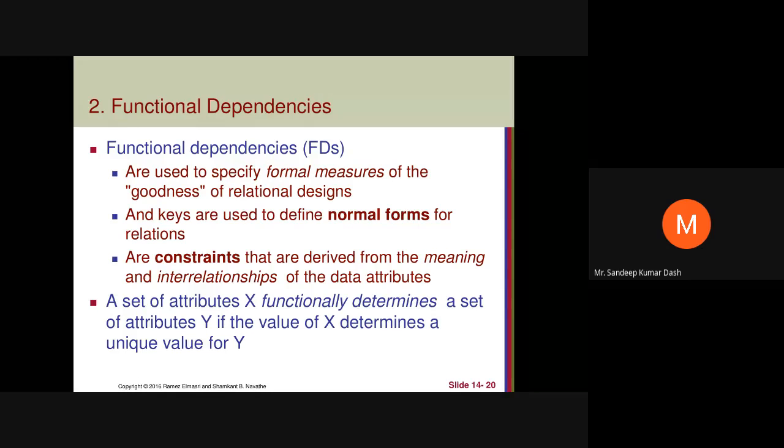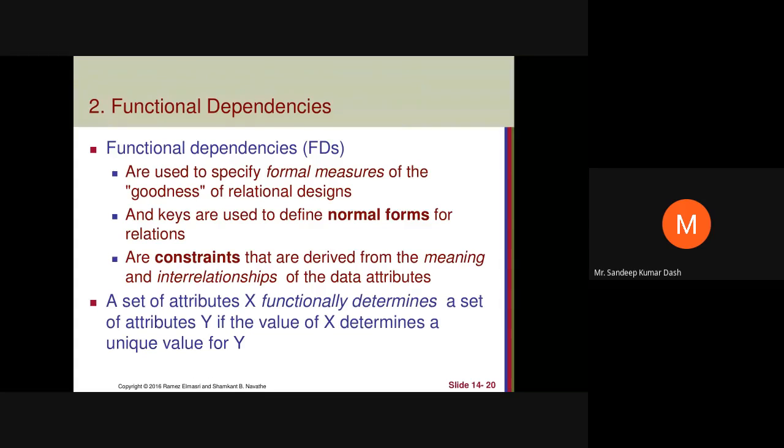But the functional dependency is a constraint on the relation state. That means you can get to know whether the constraint exists or not from the inserted data. If it is violated, the constraint will not exist.